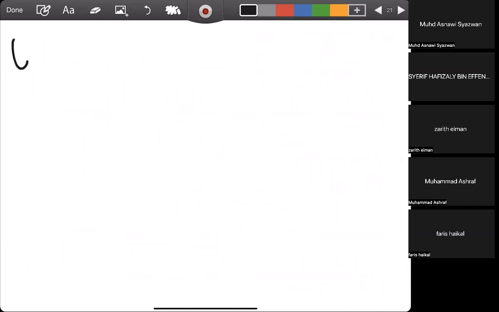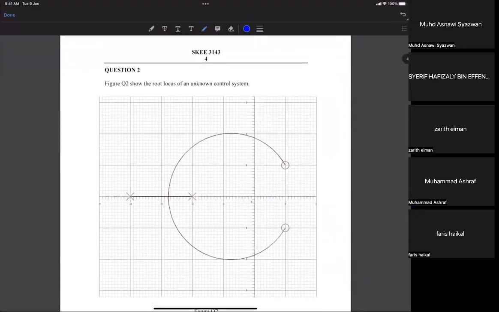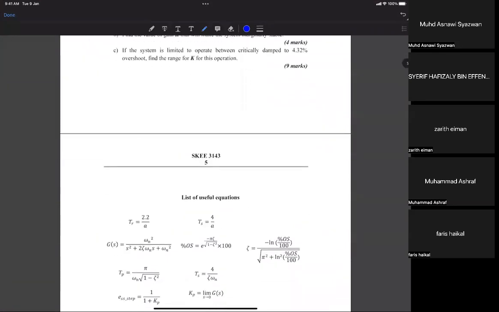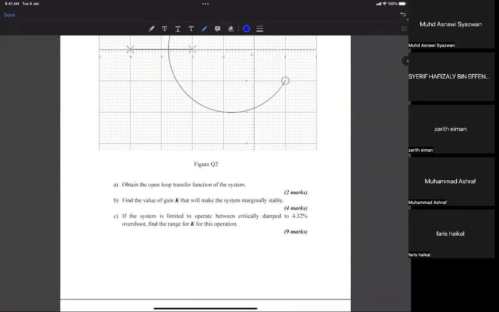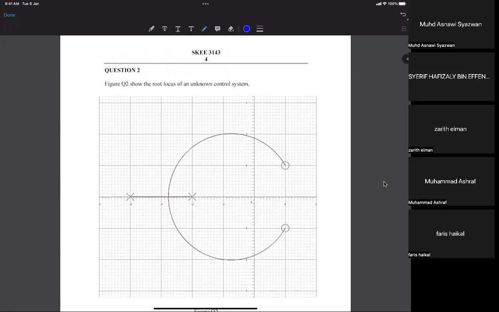So let's go to question number 2. Please read question number 2. Question 2: Figure Q2 shows the root locus of an unknown control system.